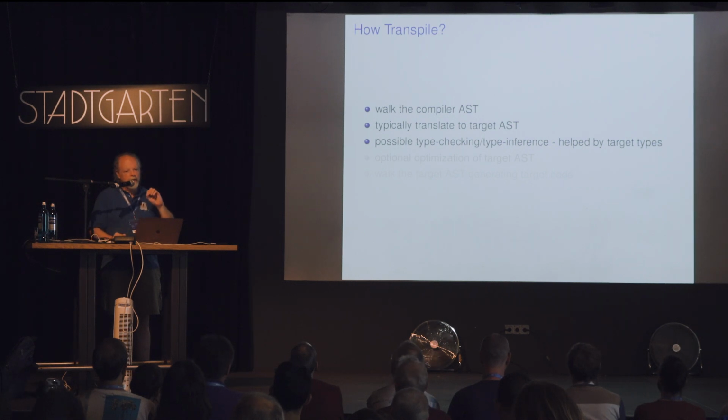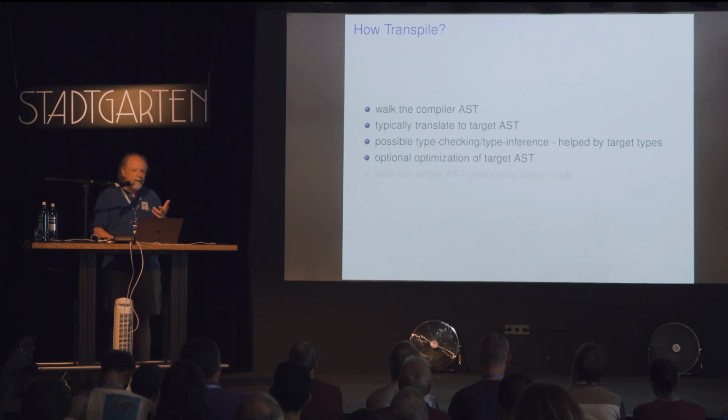However, if what you're doing is connecting up with an API from some outside world, then you have a lot of type information already available to you. And so that type inference sort of gets seeded in a way that can make the type inference work quite well. Then you do optionally some optimization on that target AST.